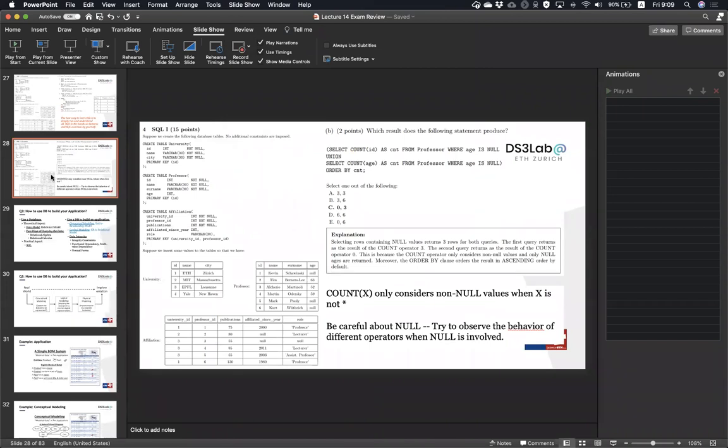No. For example here, when you have count age, you do not count the null values. If you count surname and age, that's different. Essentially, what is aggregation? It is a function that takes as input a set of values and outputs one value. That's the semantic of this function.